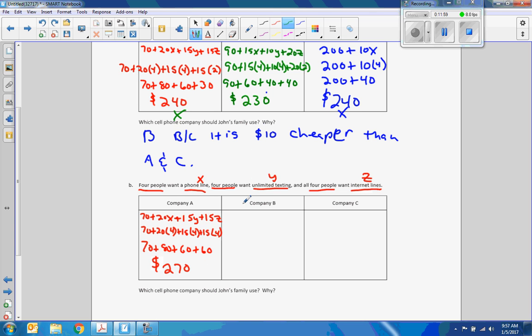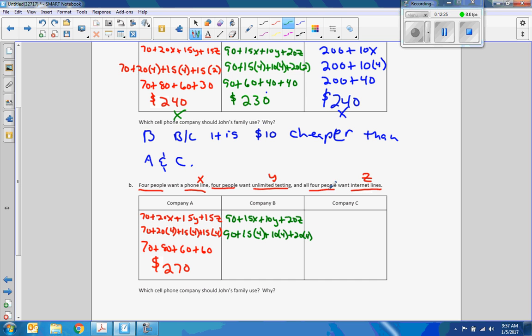Now we're going to go with company B, and that is $80 plus 15x plus 10y plus 20c. So it's 90 plus, substitute in the givens, 15 times 4 plus 10 times 4 plus 20 times 4.